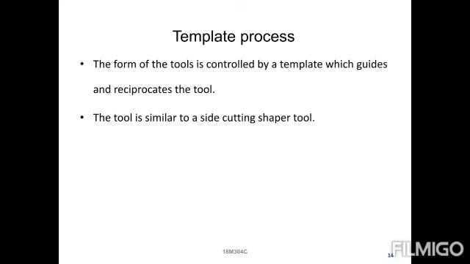Next is the template method process. The tool is controlled by a template which guides a reciprocating tool. It means one more tool is already provided. Template means one gear is already manufactured and placed in the tool placing area.